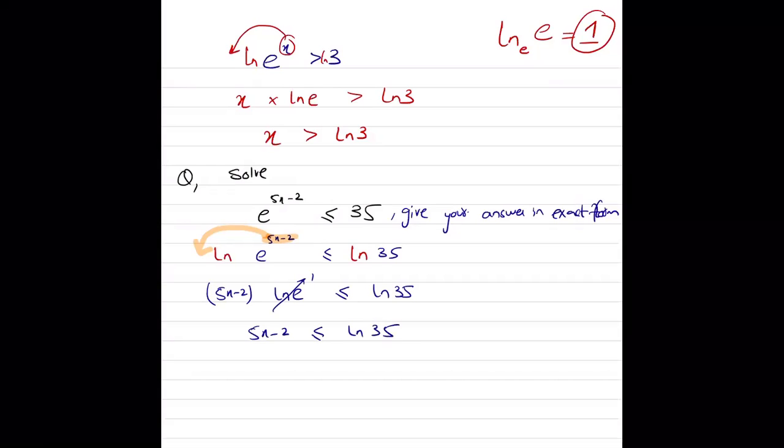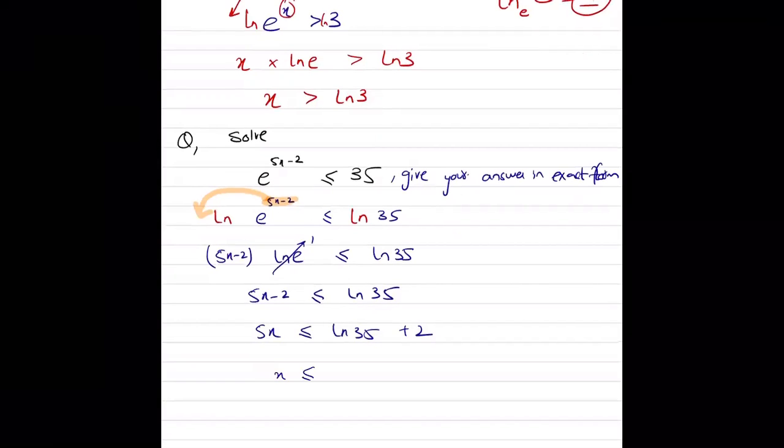Okay, so 5x is less than or equal to ln 35 plus 2, and then x is going to be 2 plus ln 35 upon 5. Yeah, that's what I got, but I wasn't sure if it was right. All right. Is it clear now? Yes, sir.